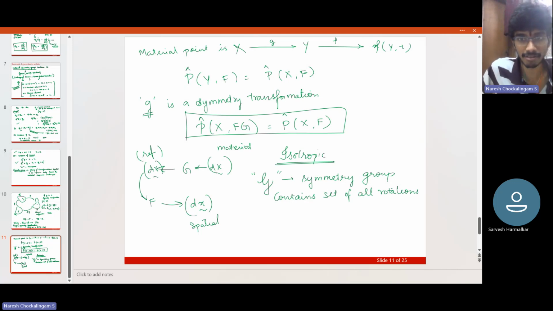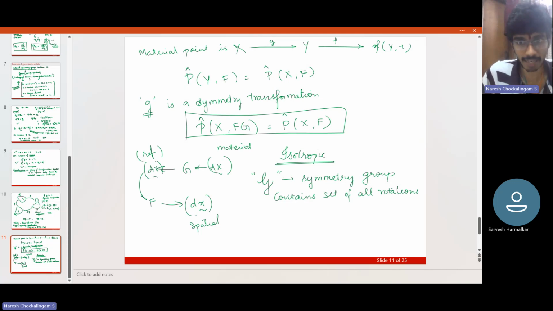So that agrees with our usual definition of isotropy. The properties are the same in all directions. That is the usual definition of isotropy. But we cannot define directions without an axis system. So this is the rigorous definition of isotropy. You look at transformations which leave the material response unchanged, and construct a group called the symmetry group with these transformations.